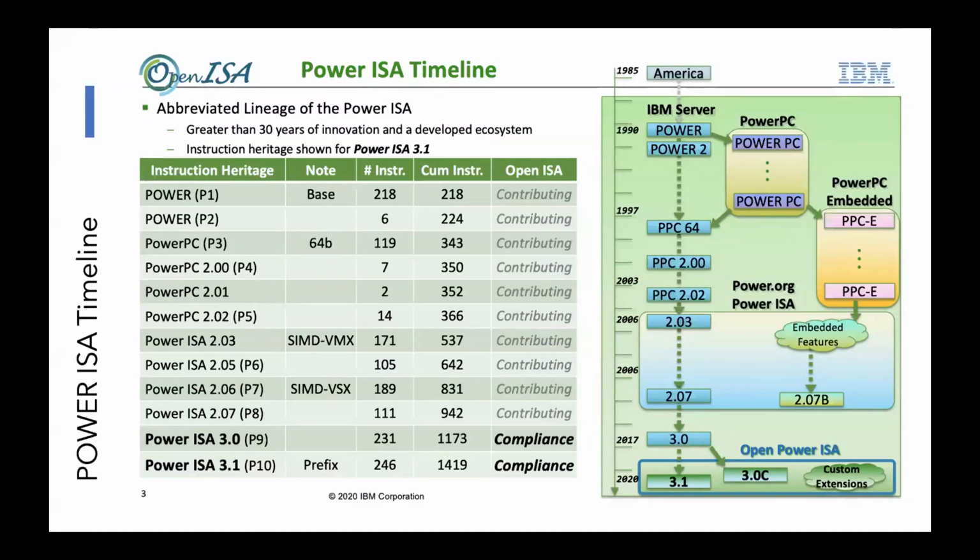It has become open long back through the power.org initiative, and now OpenPOWER is part of the Linux Foundation. So it has become very much open, and we don't have any licensing requirements in order to use this architecture.